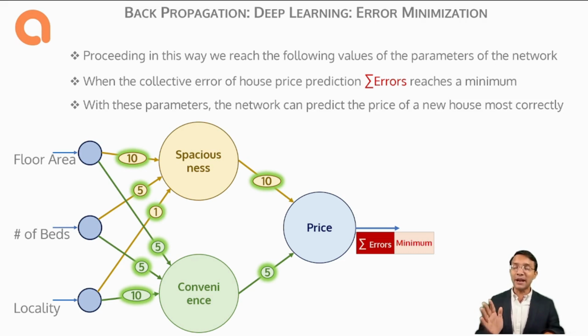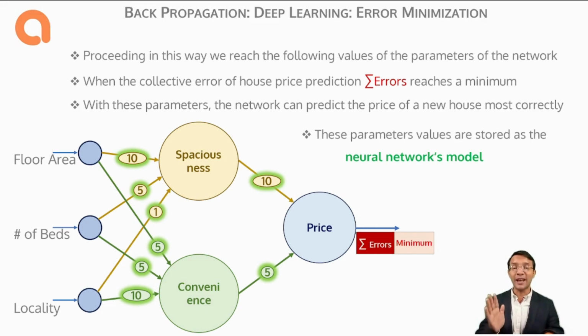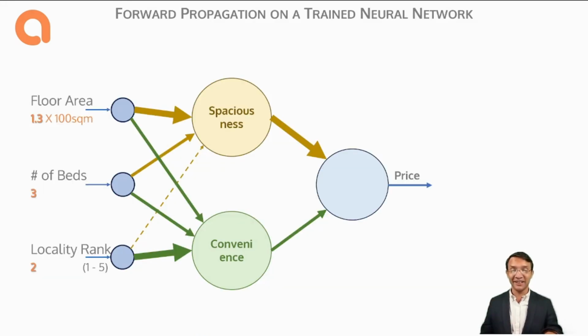With these parameters, the network can now predict the price of a new house also most correctly. These parameters are the values that are stored as this neural network's model.